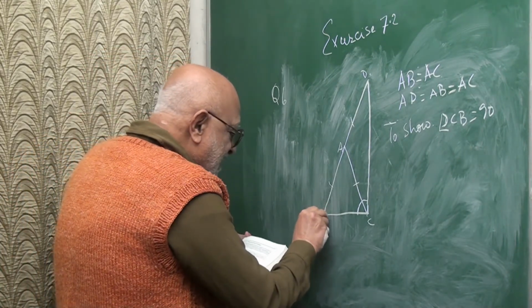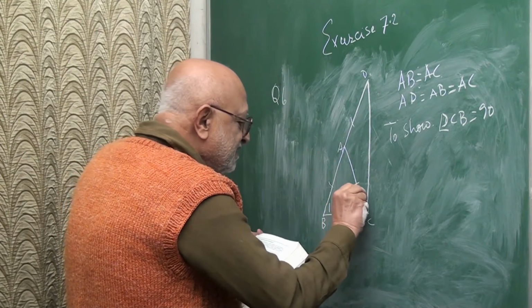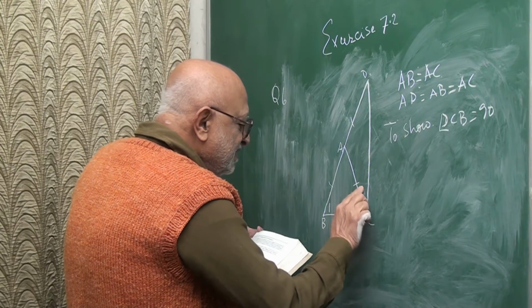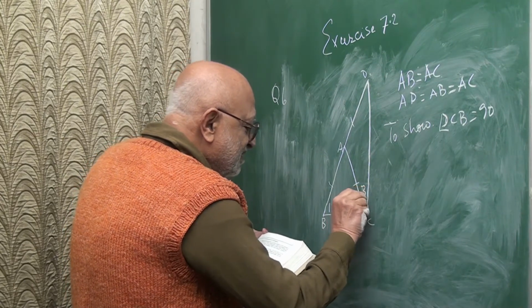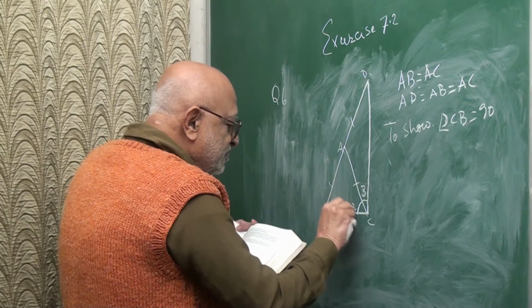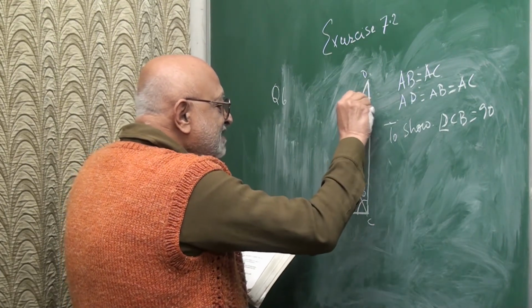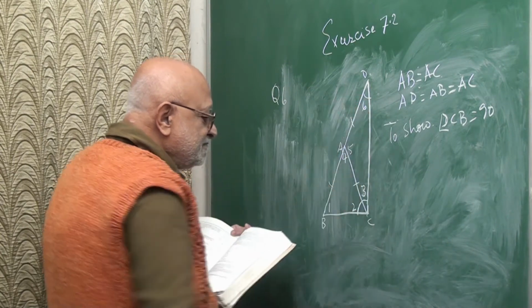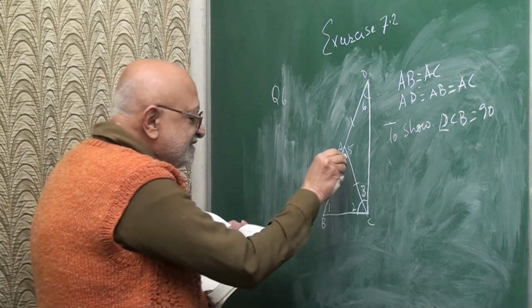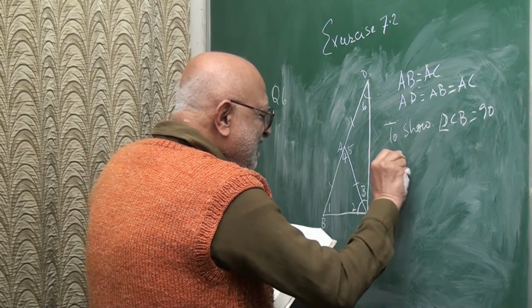Let us start doing this. Okay, let us say this is angle 1, this is angle 2, this is angle 3. Oh, let me write. My 3's are getting very. This is angle 1, 2, 3, 4, 5, and let's call this angle 6. First, let us take triangle ABC.